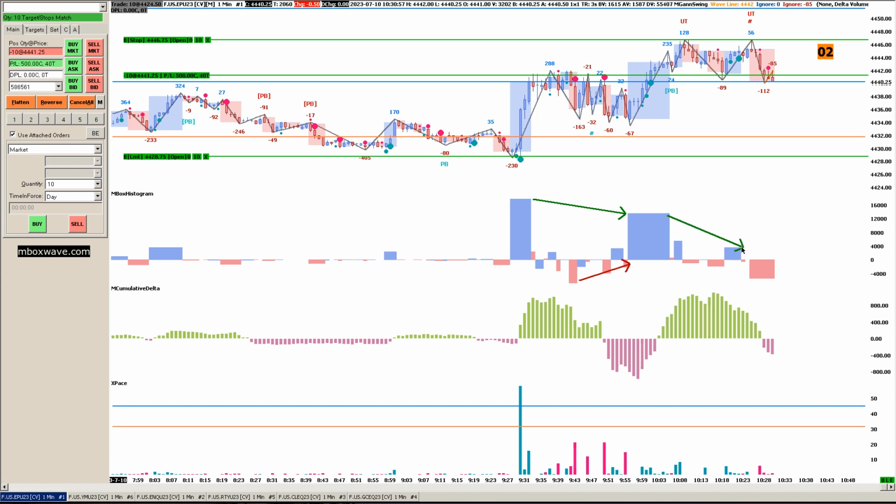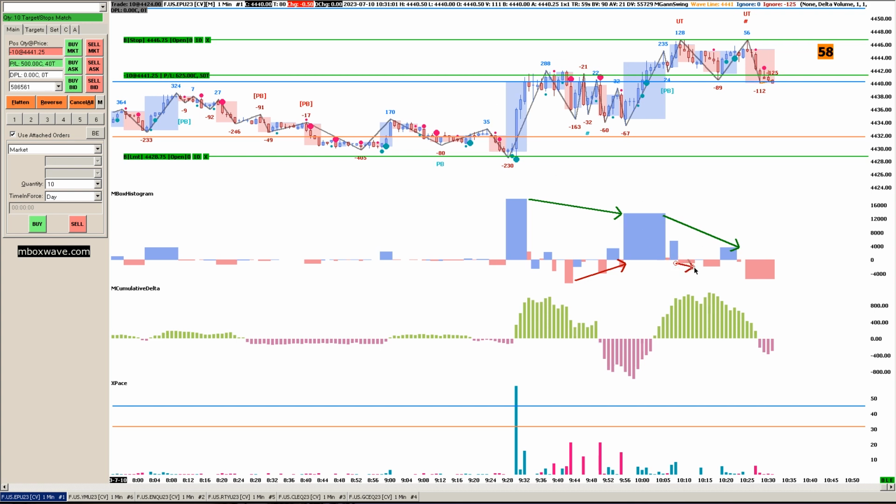Okay, so that's a decrease. On the flip side, we see an increase in selling. Okay, so at this point, I see the reaction of the other side, right? So we see it diminishing in buying, increasing in selling. Okay, we've also crossed over to negative here.